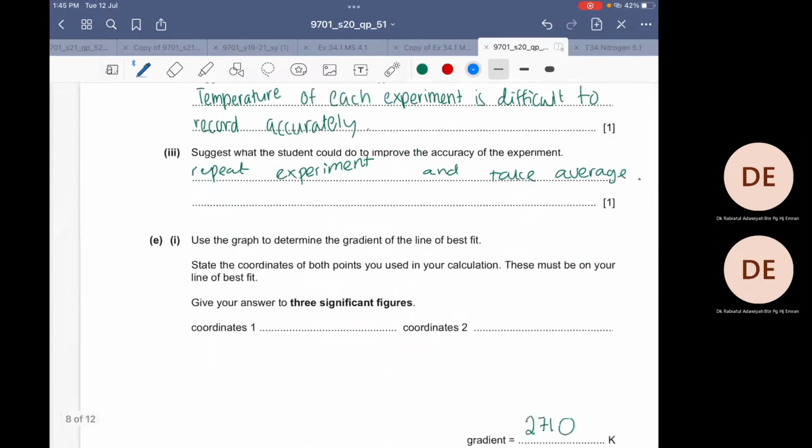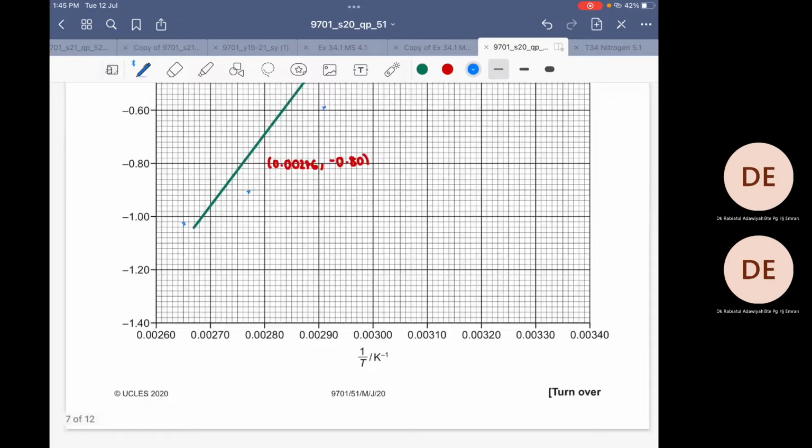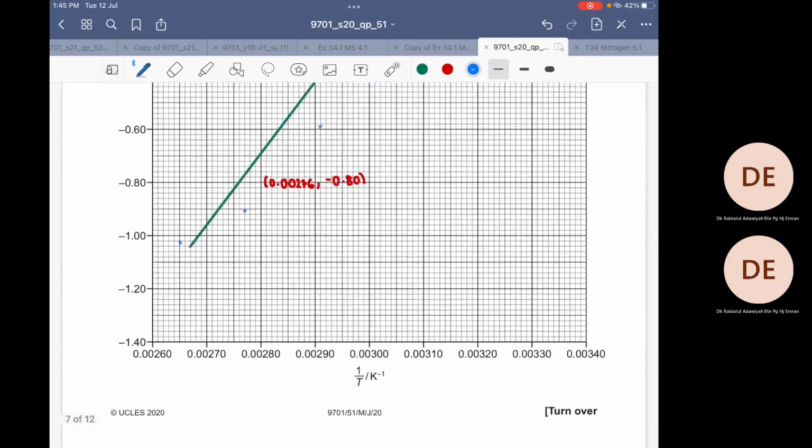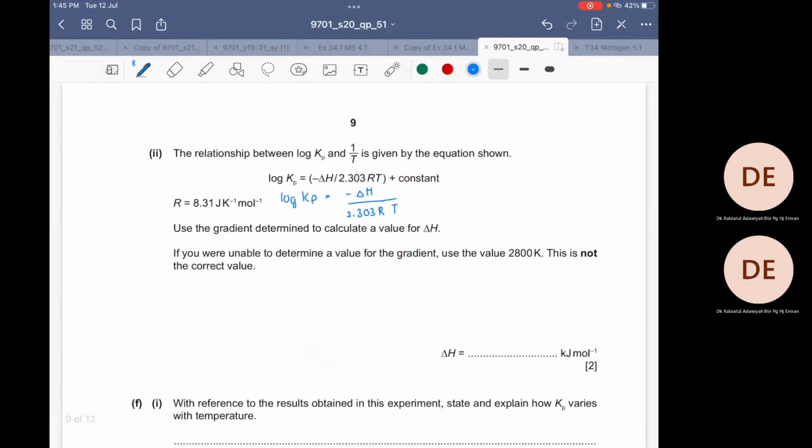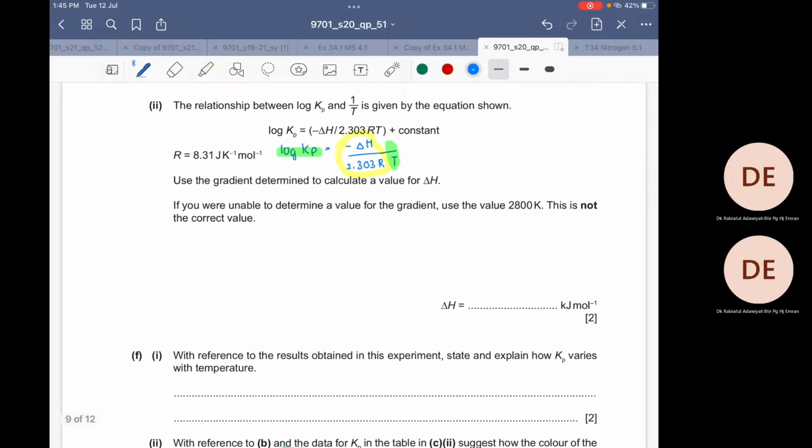And if you look at your graph, we plot log Kp against 1 over T. So that means this is your y-axis and 1 over T is your x-axis. So this whole thing is your gradient. Yeah? So gradient M is equal to negative delta H over 2.303 R. And you just have to solve this.